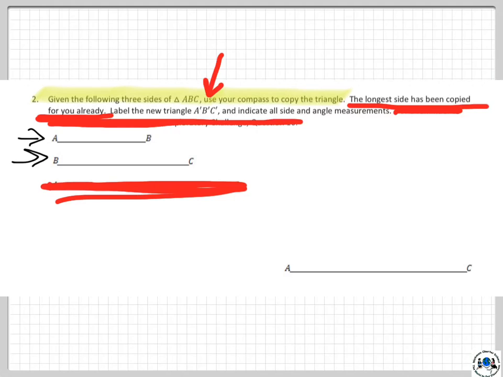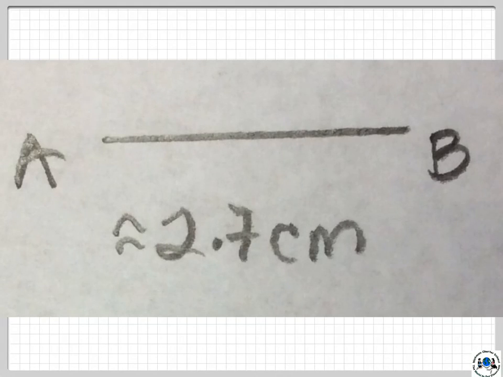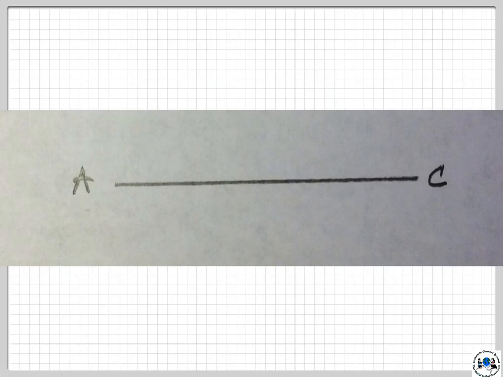So anyway, let me go ahead and do this step by step for you, showing you how you can use circles to make triangles. So let's go ahead and do it. What we start with is our segment AC, and I measured that out as 4 centimeters.